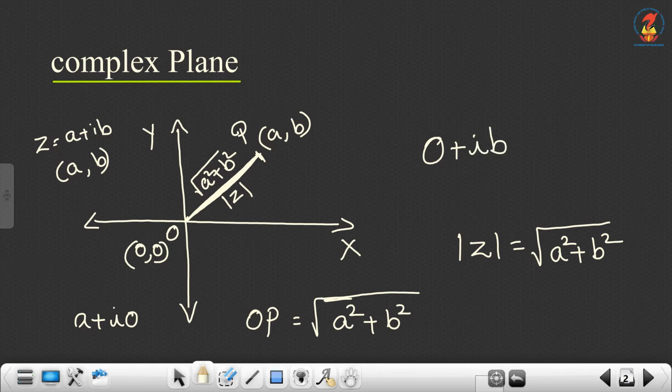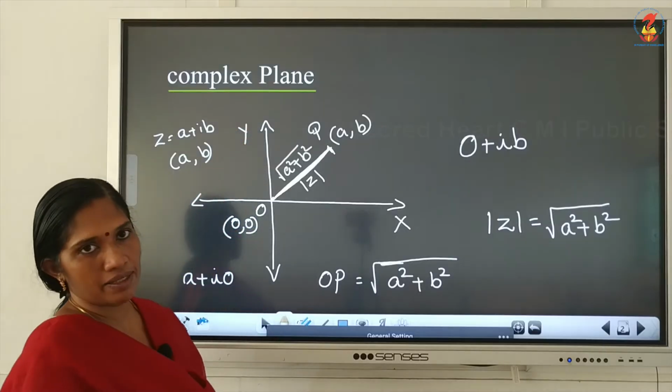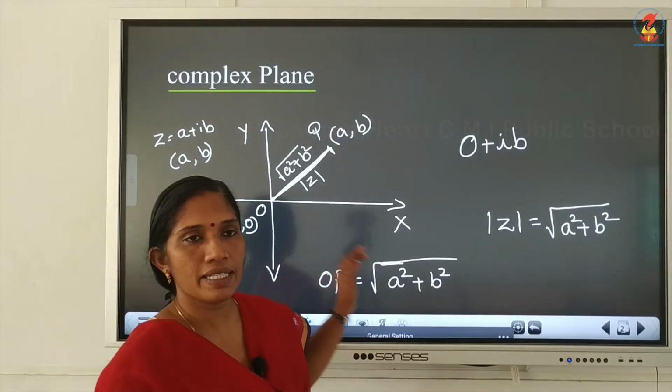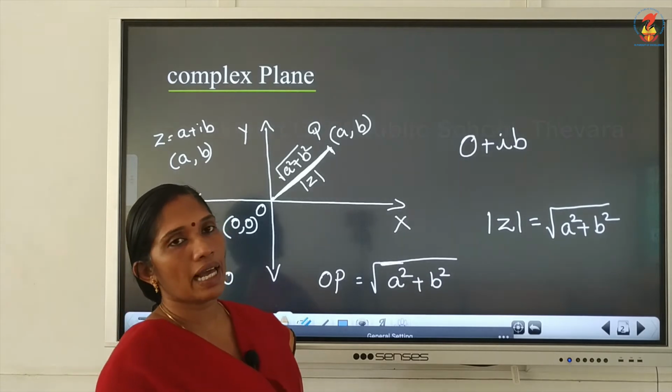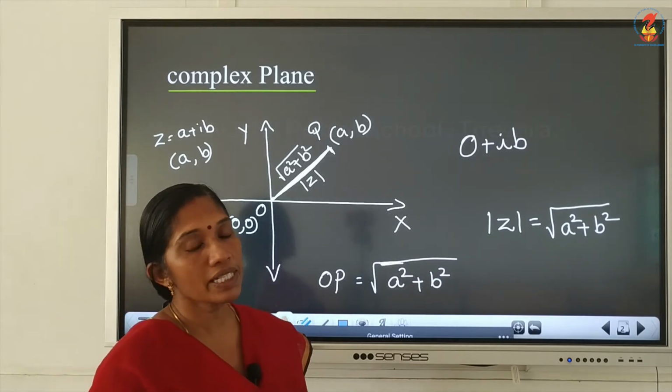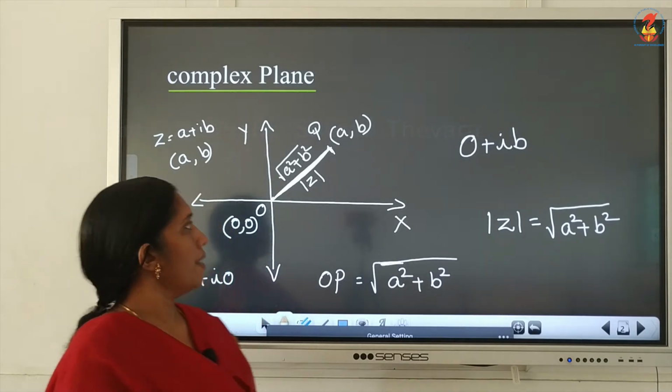Only imaginary part there. Here look, a plus ib. How did I mark it in this plane? A you have to check on x-axis, and b on y-axis. So the real part on x-axis and imaginary part on y-axis. So x-axis is known as real axis and the y-axis is known as imaginary axis.